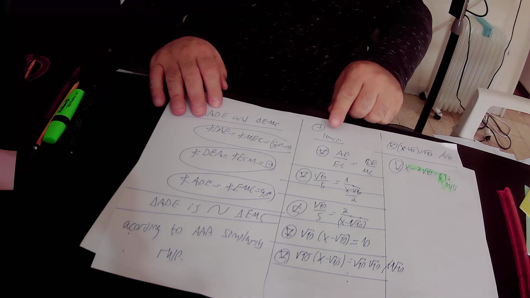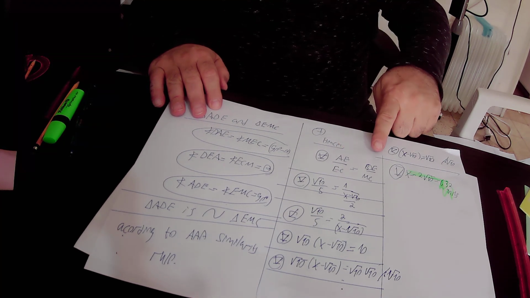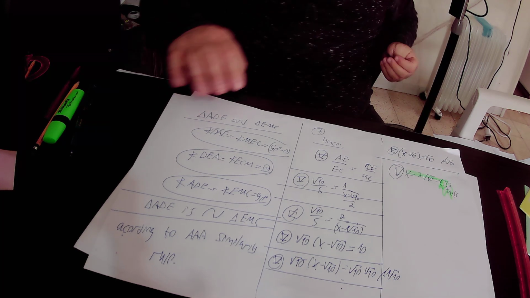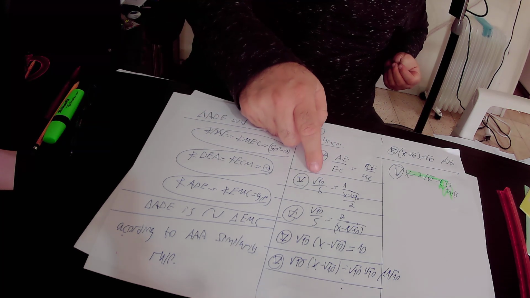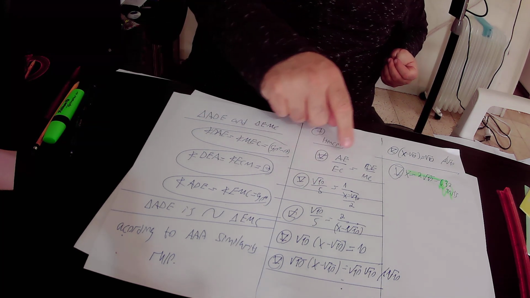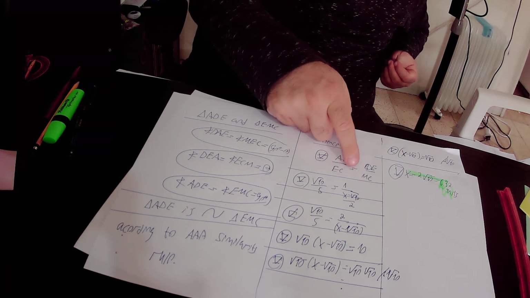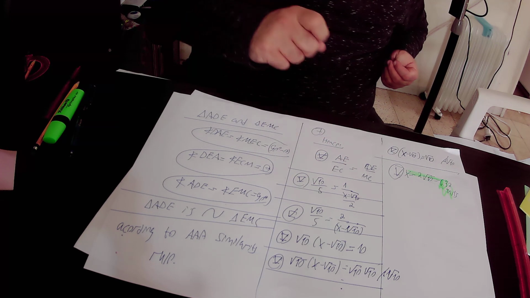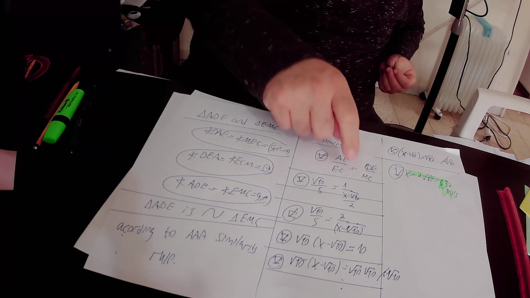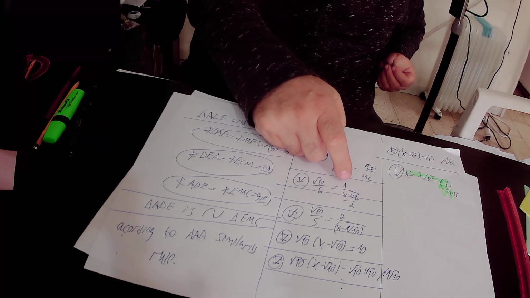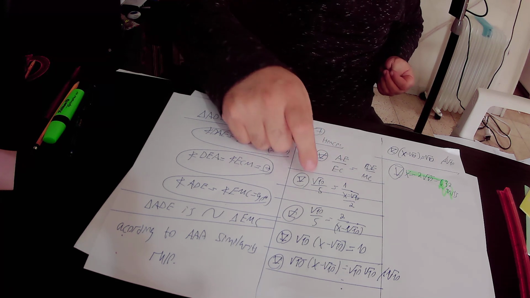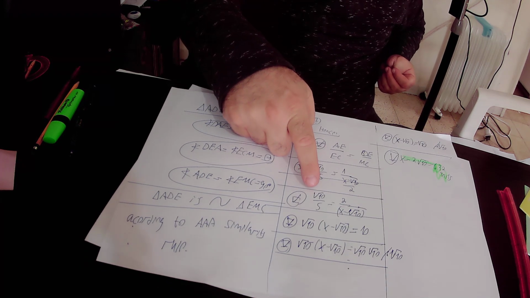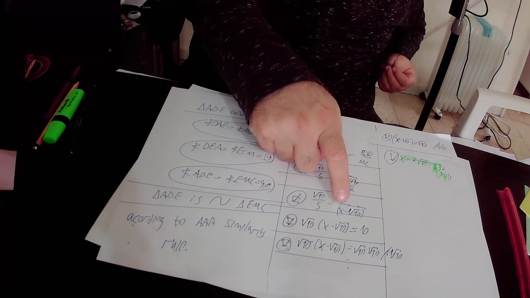According to rule number 5, AE over EC equals DE over MC. Here AE equals square root of 10 units, EC equals 5, DE equals 1, and MC equals x minus square root of 10 over 2. Here we moved to the numerator, and we got that square root of 10 over 5 equals 2 over x minus square root of 10.